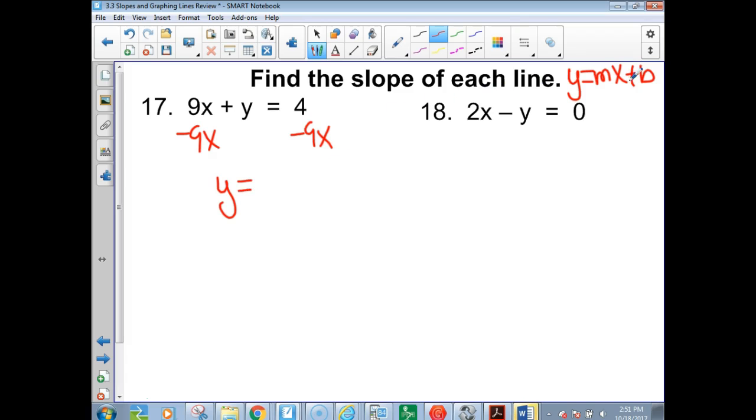And since I want to say mx plus b, I want the x term in the front. So I'm going to write negative 9x. That's a positive 4, so I write plus 4. I have to attach those. It's not wrong to write 4 minus 9x. It's just not in this format, and I want it in this format. So m is negative 9.